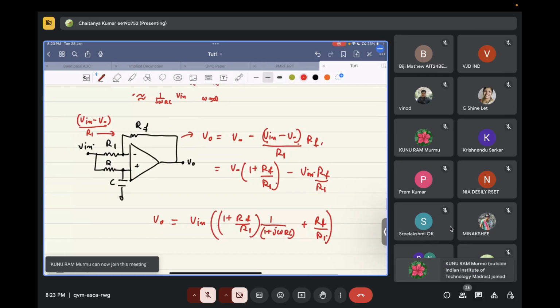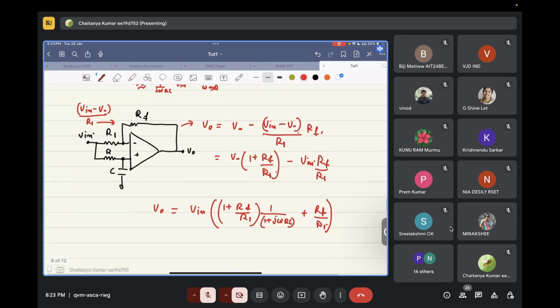Now, can anyone tell me what is the maximum and minimum phase to which any signal goes? What will be the minimum phase difference? When will the phase difference between the input and output be minimum?